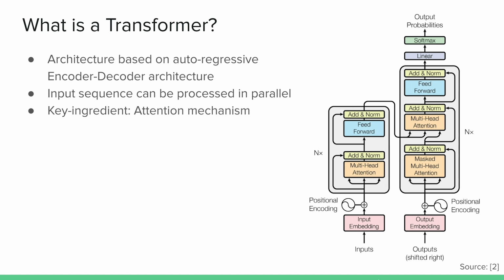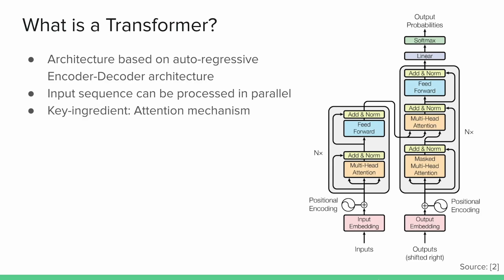A transformer is an architecture that is based on an autoregressive encoder-decoder architecture. And you already see that this encoder-decoder idea sticks with us for a long time because it's a really interesting and powerful idea to process something into a different representation that is more efficient and then generate something else out of it.